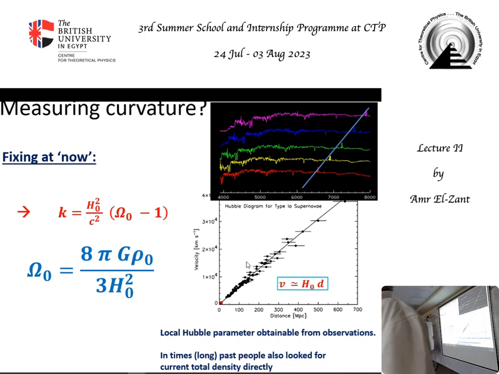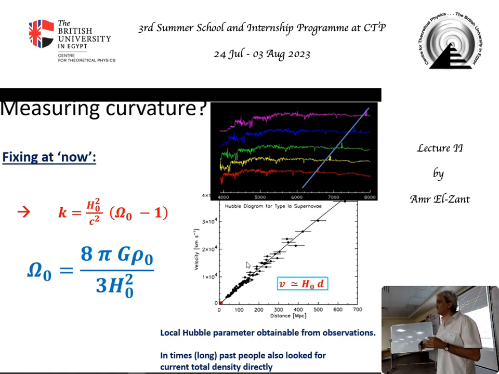And then it may appear trivial, maybe there's nothing so deep about this. No, there is. Because it turned out that until 1995 or 98 or something, people were really trying to measure omega naught.